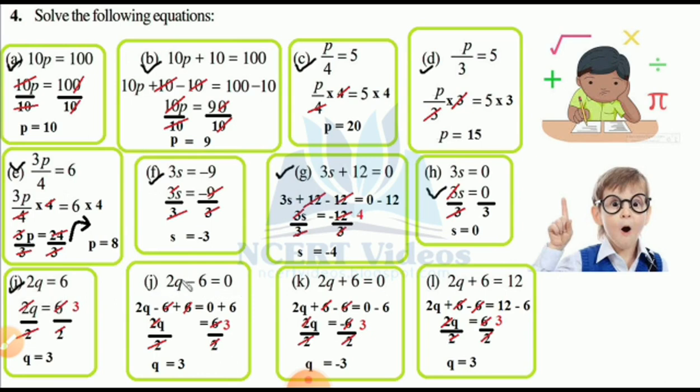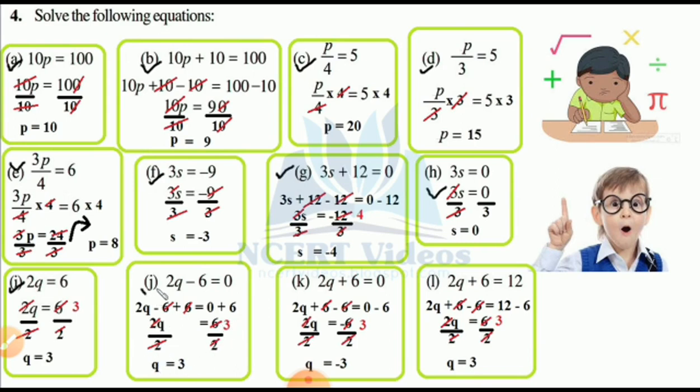Next one. 2q minus 6 is equal to 0. Yes, my dear student, it is right. Plus 6 both sides. Then after, 2 cut. Very good, very good.